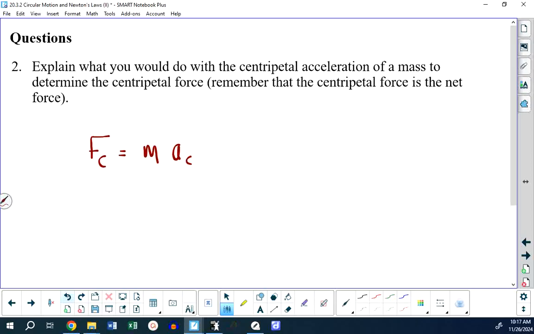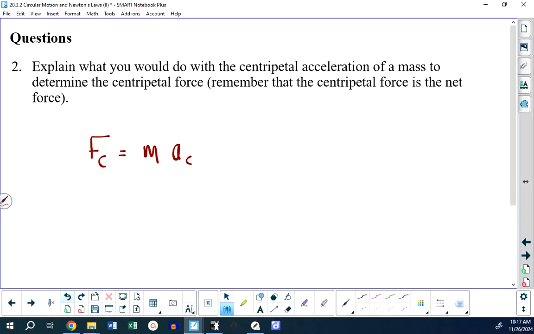And again, F sub c is not a unique force. If you look on your formula sheet, you will find F sub g someplace. You will find F sub f someplace because there is a way to calculate gravitational and frictional forces. If you look under electricity and magnetism, you'll find at least one formula that is F sub e, which means electric.